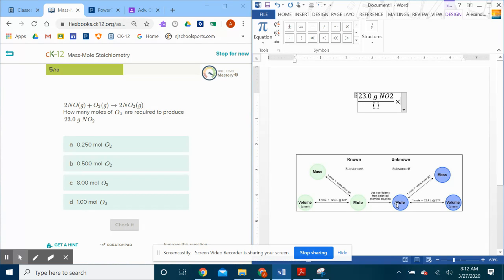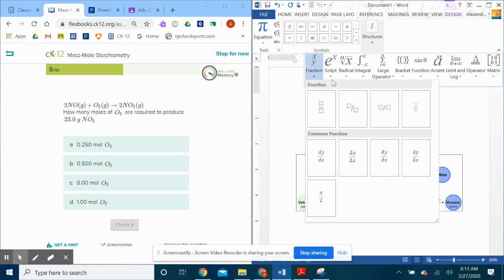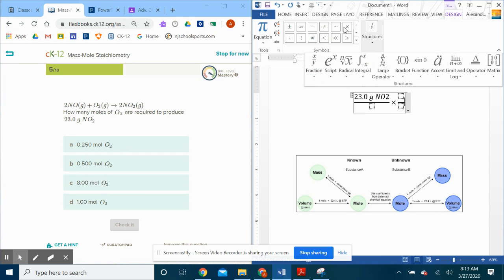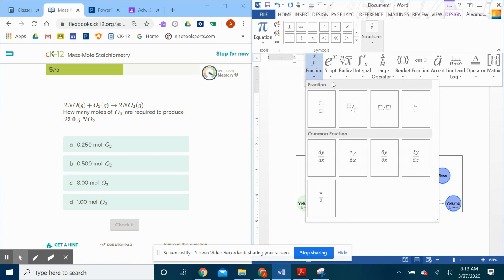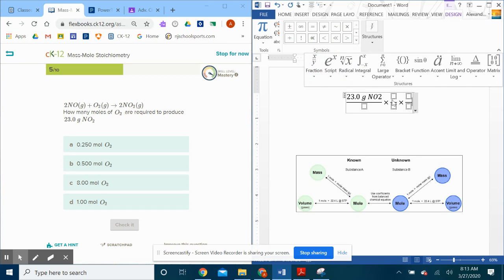So this is telling me that I'm going to need 3 different fractions up in my equation. So here are my 3 fractions. Mass of the known, we need to convert it into moles of the known, and then moles of the unknown.